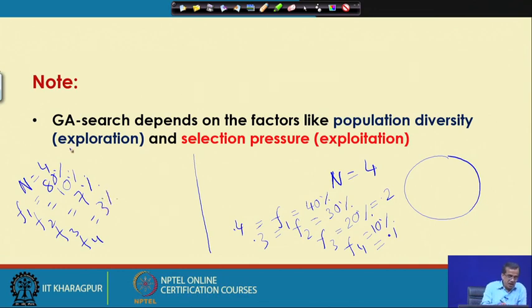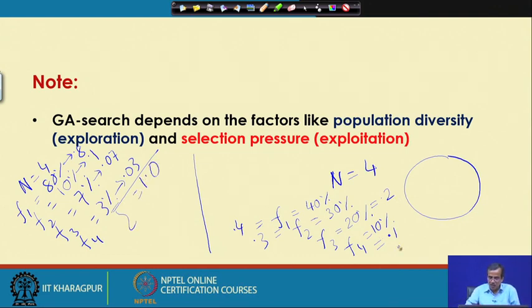Now, here the probability of being selected is 0.8, here it is 0.1, here it is 0.07, here it is 0.03, and the sum of the total probability is equal to 1.0. Here also the sum of the total probability will be equal to 1.0.